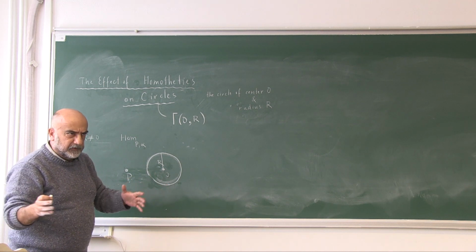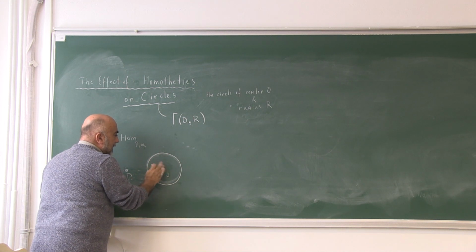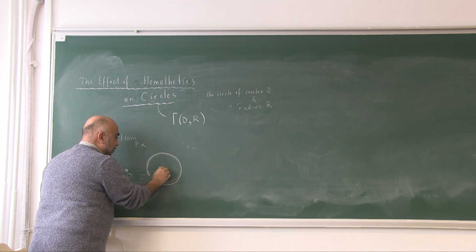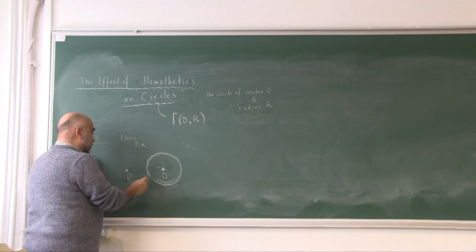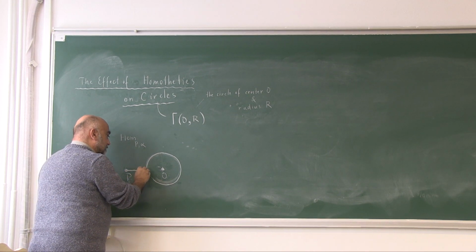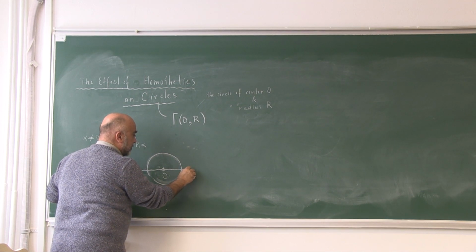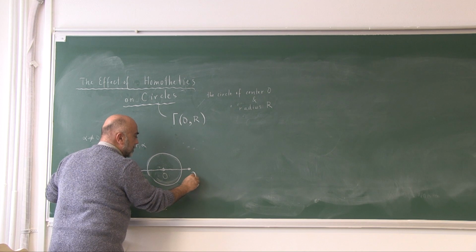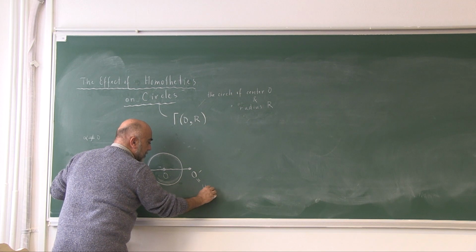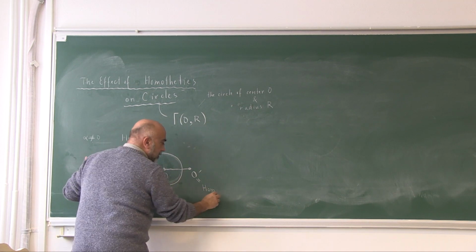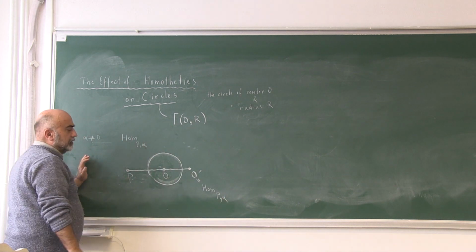First, what happens to the center O? It is simply sent into a point O prime, perhaps somewhere here. Let O prime be the image of O under a homothety with center P and ratio of similitude alpha.